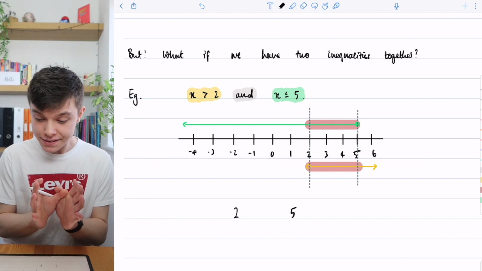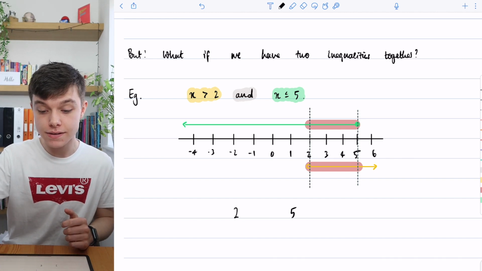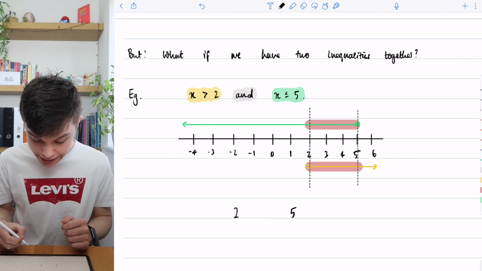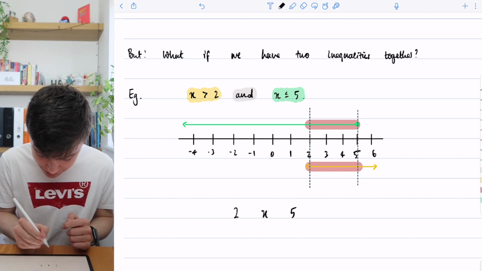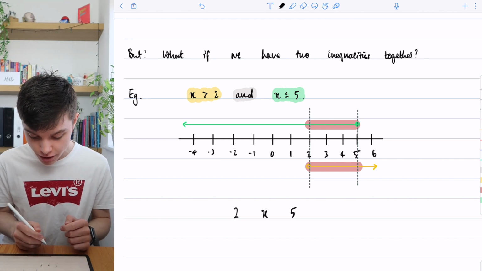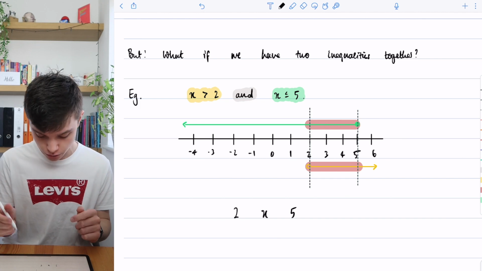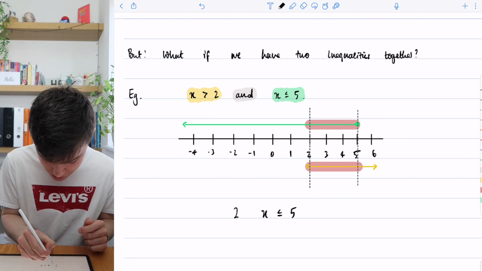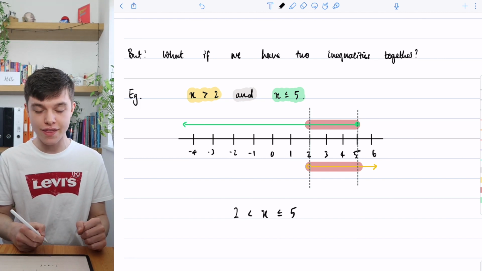And then I need some x in the middle. I need my x to be in the middle. So what I need is x to be between 2 and 5, not equal to 2, but equal to 5. So I'm going to put those values in there.